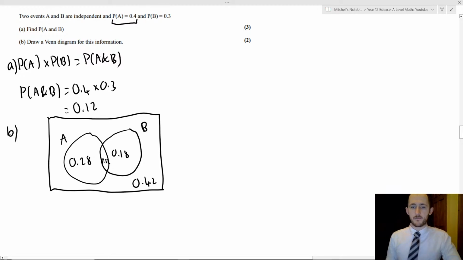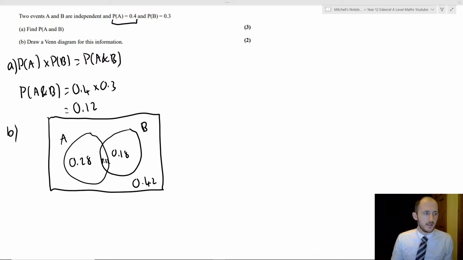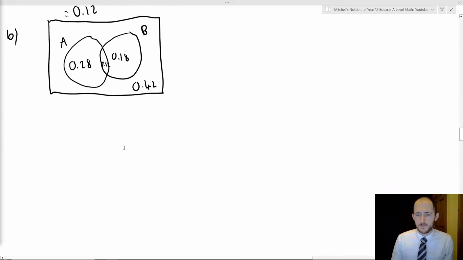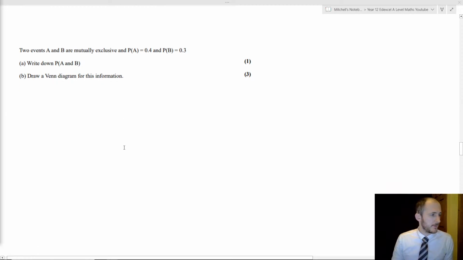Inside a Venn diagram is every possible outcome for a thing, right? Which means every single probability inside this should add up to 1, no more, no less. So if you're ever unsure, add up your values. If it doesn't add up to 1, there's a mistake somewhere, or you've forgotten to put the thing outside the 2 circles. But just be really, really conscious of that. Okay. I think everyone's okay with that?